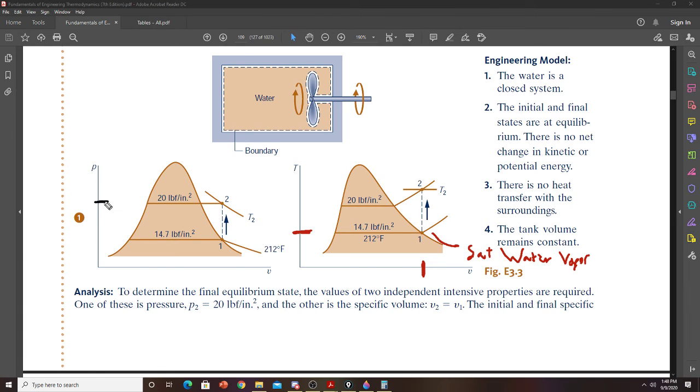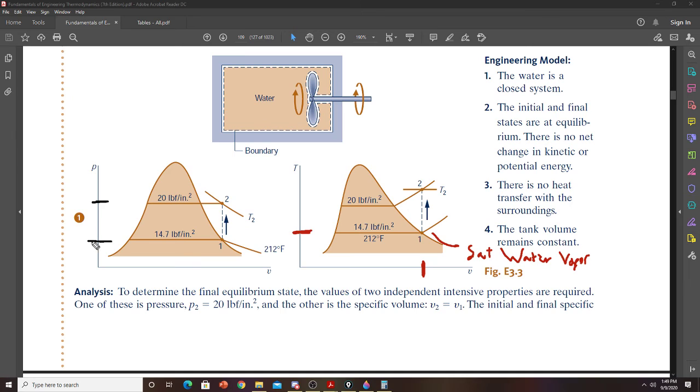These two graphs are used in conjunction with each other because, remember, between stages you were given different things. In the first stage you were given temperature, which is this right here, and it brought you here onto the graph. But on the next stage, they didn't give you temperature, they gave you pressure. So then you can go over here. Although they're very similar, except for the direction of the constant pressure and temperature lines.